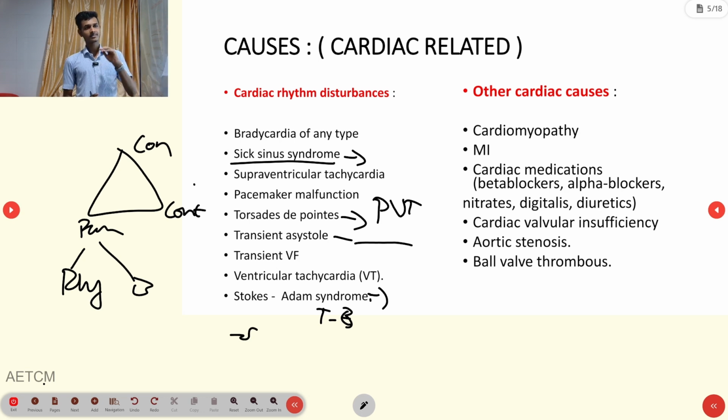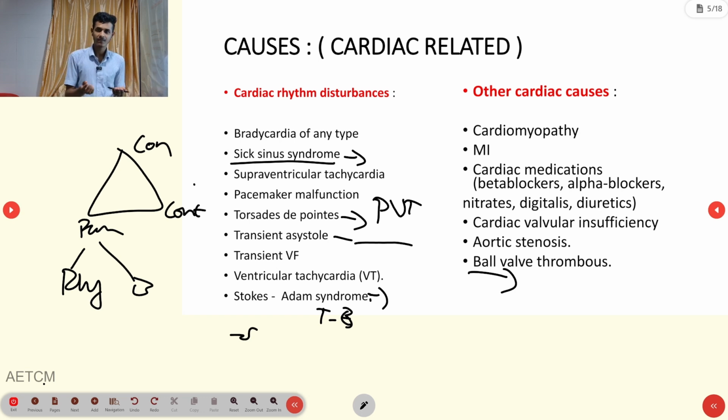Other causes include cardiomyopathy, myocardial infarction, and cardiac medications like beta blockers, alpha blockers, nitrates, digitalis, diuretics, cardiac valvular insufficiency, aortic stenosis, where stenosis means narrowing, and ball valve thrombus. Ball valve thrombus is a floating blood clot in the right atrium, left atrium, or left ventricle.